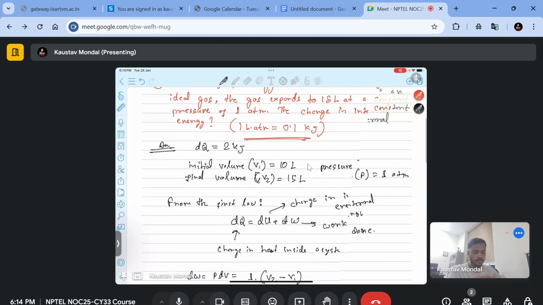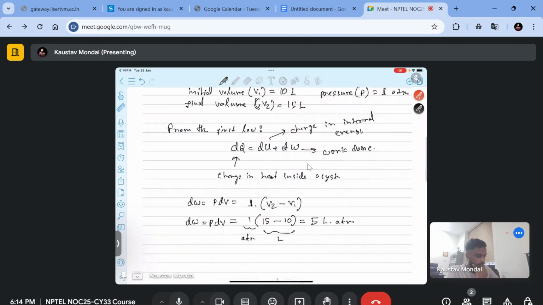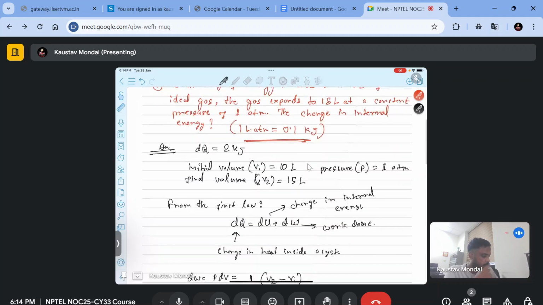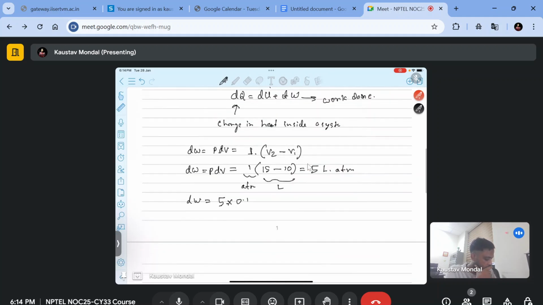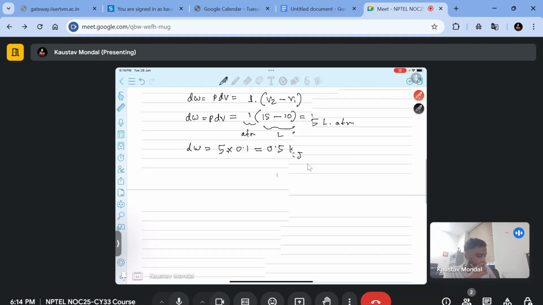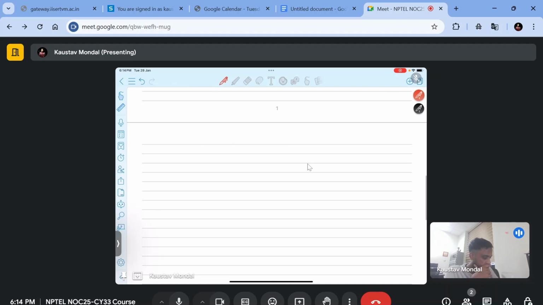So dw equal to 5 into 0.1, since 1 liter atm is 0.1 kilojoule, so that becomes 0.5 kilojoule. So this is the dw. Now you are supposed to find out the du, right?